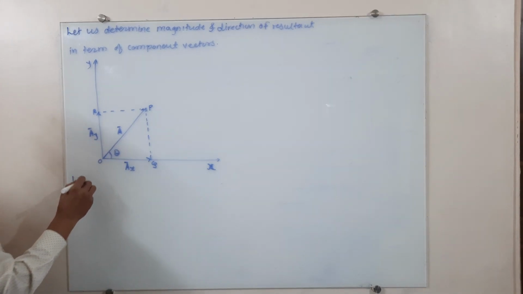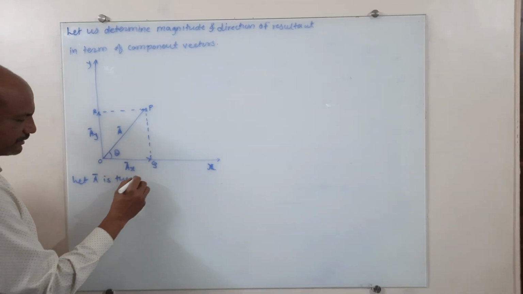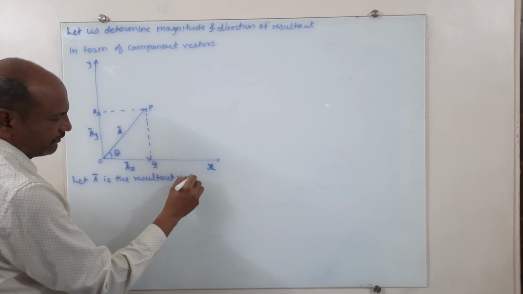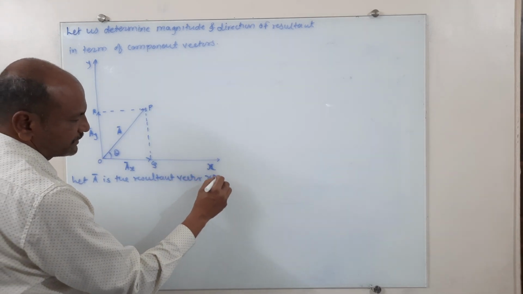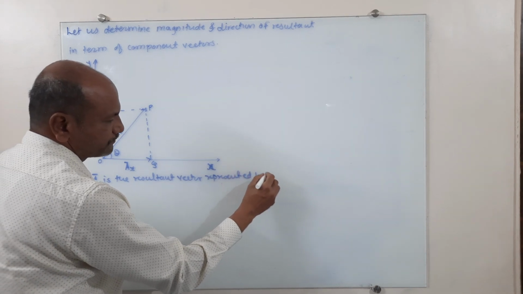Let A bar be the resultant vector represented by OP bar.